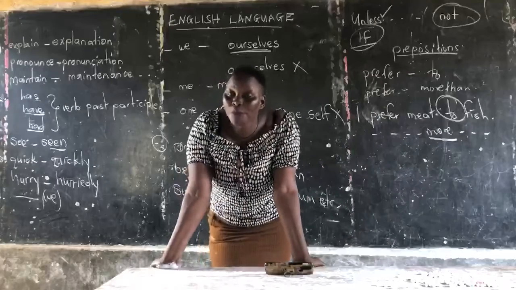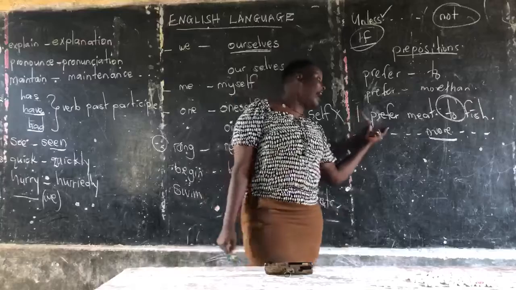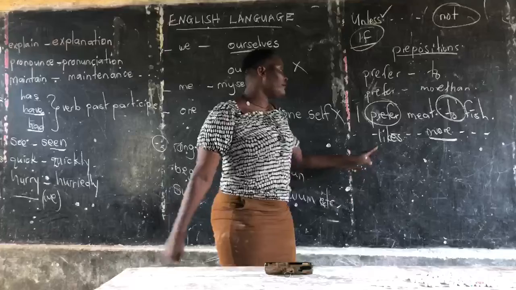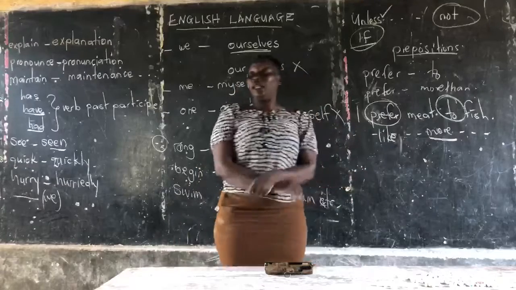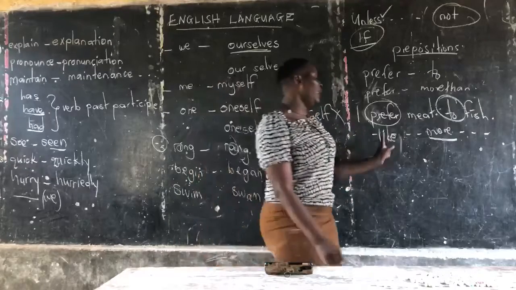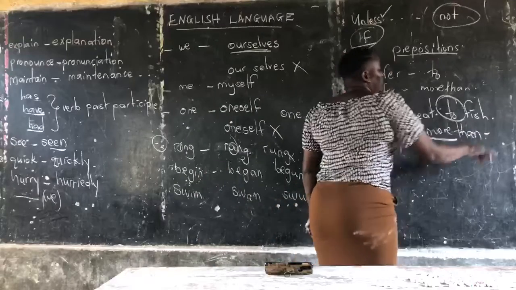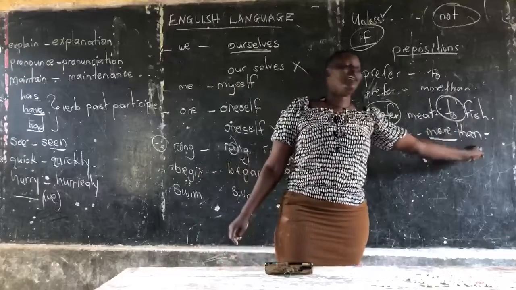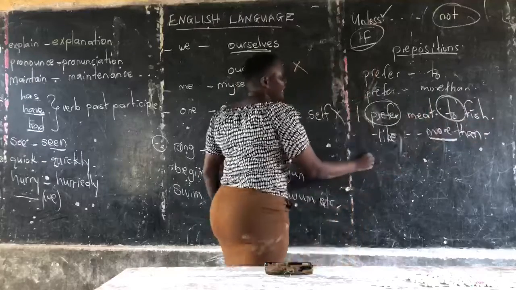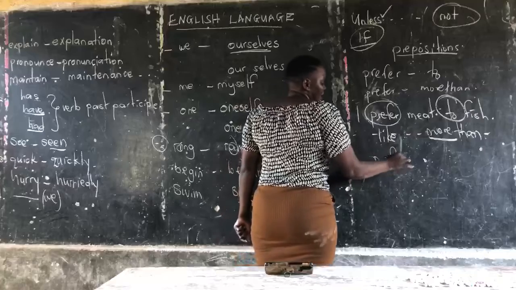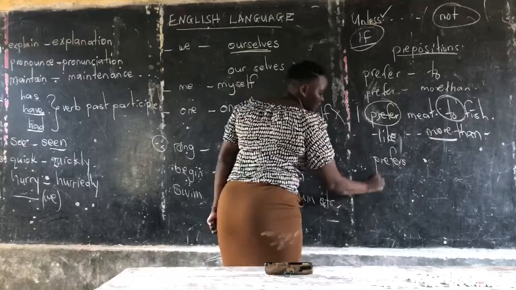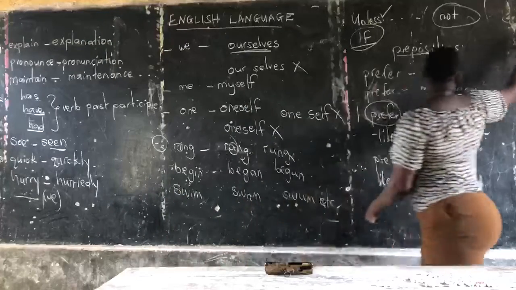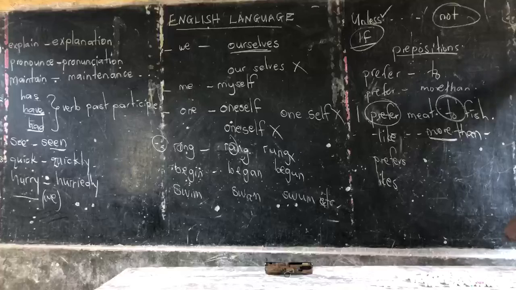And I hope you know that prefer goes with like. They have said prefer, so you have to say like. Then we say like more than. I like meat more than fish. Then when they say prefers, I expect the learner to say likes. When they say preferred, they normally say liked.